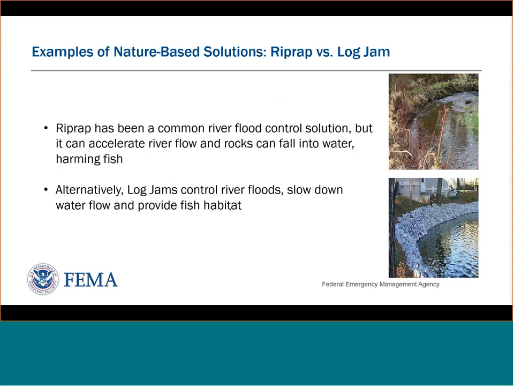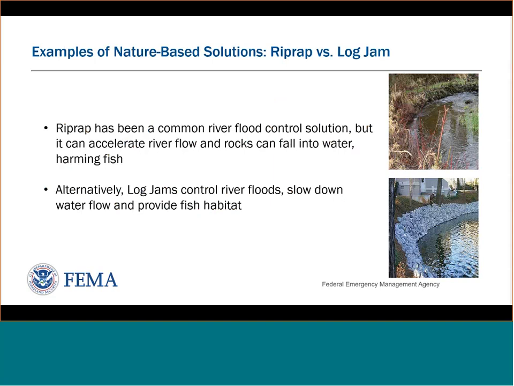Here is an example of a logjam as a positive alternative to riprap. Riprap has been the common gray infrastructure solution for river flood control, shown in the bottom picture. However, riprap can also accelerate speed of river flow and increase downstream erosion threats.